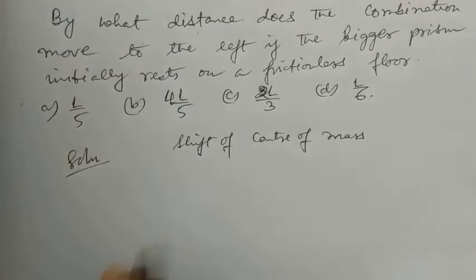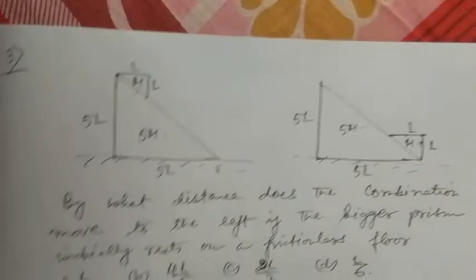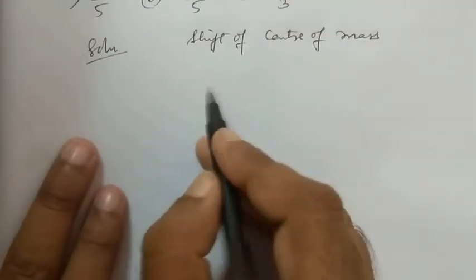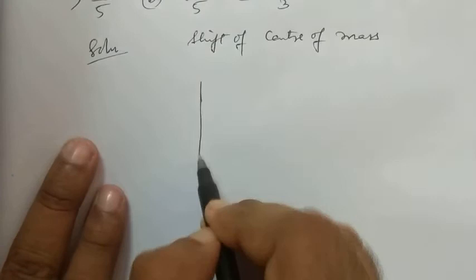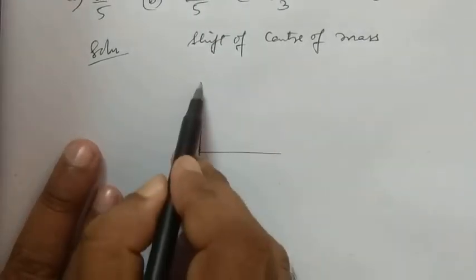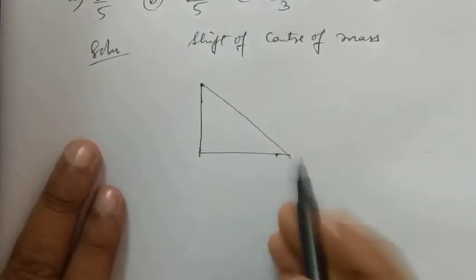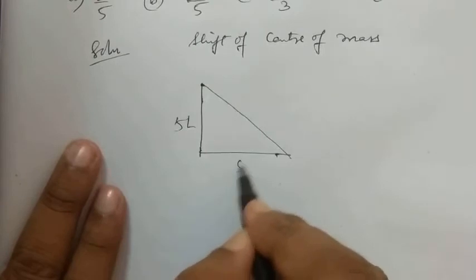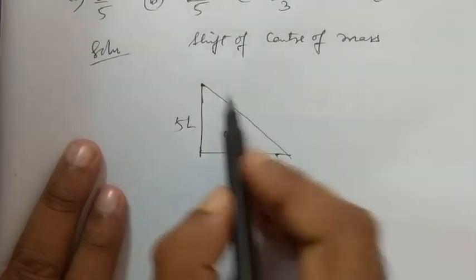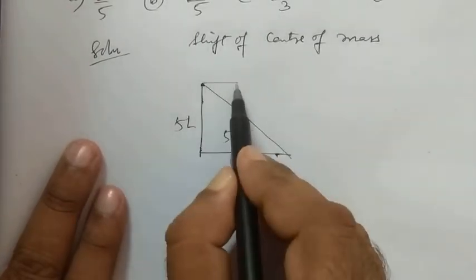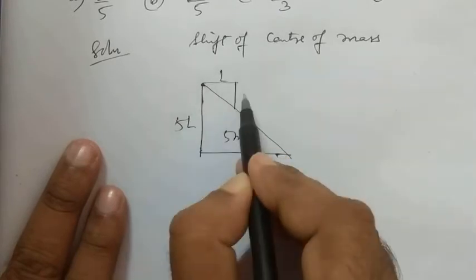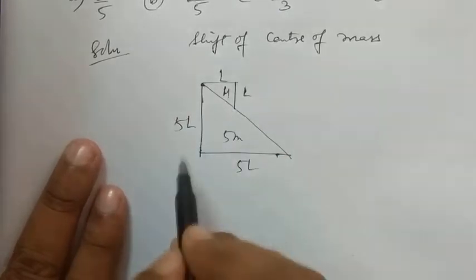Now let us take the shift. We can draw a single diagram by combining the two diagrams. Suppose this is the combination diagram. This is 5L, 5M. Now the initial position of the smaller prism of side L and mass M was this one.